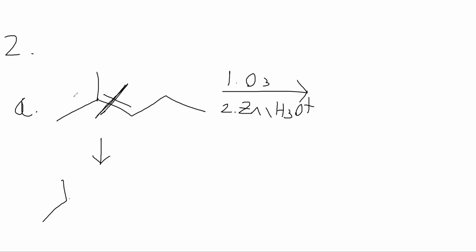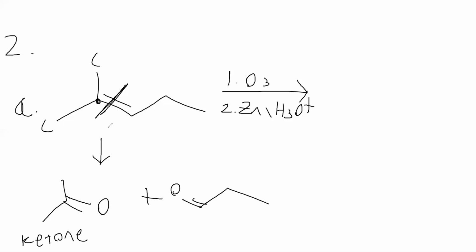So draw the left side, and where the double bond to the carbon was, there's still going to be a double bond, but it forms a carbonyl instead of a double bond with a carbon. And then on the other side, we've also got a double bond to an oxygen. So this carbon here was bonded to a carbon here and a carbon here. That's why it formed a ketone, because it had substituents on it.